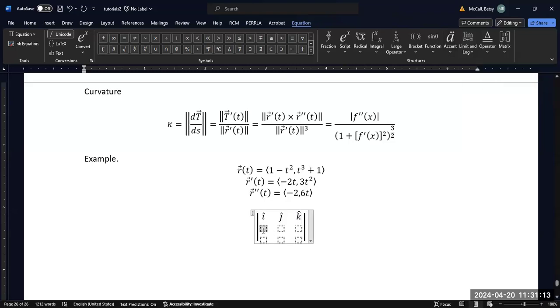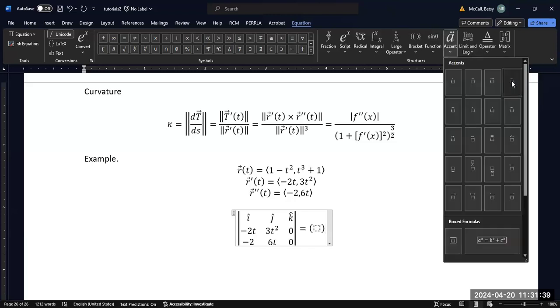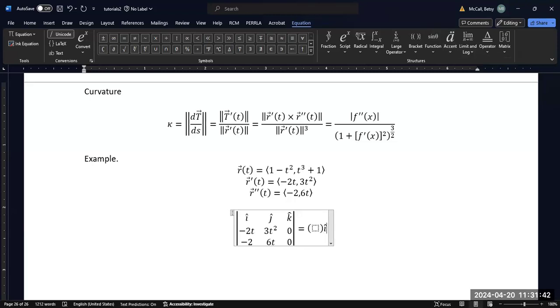And then we put our vectors in the rows: negative 2t, 3t squared, and 0, and then negative 2, 6t, and 0. Now, when we do the calculations, we're going to readily find that the i and j components in the two-dimensional case are going to disappear, and only the k component is going to remain.